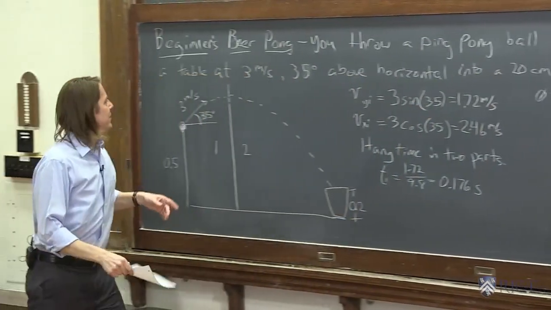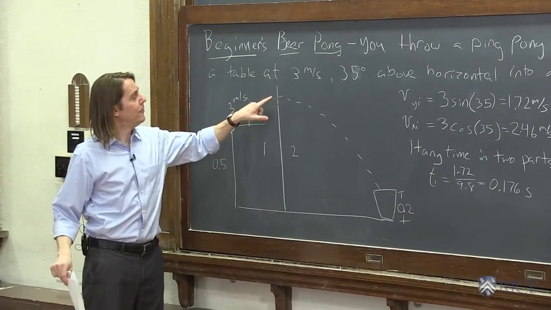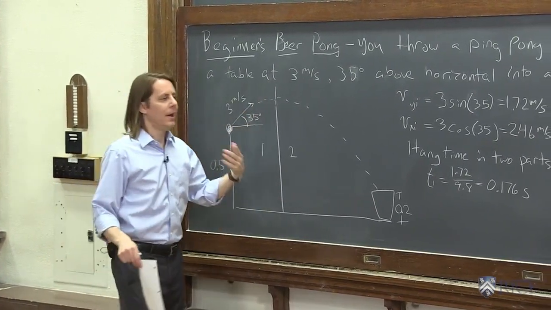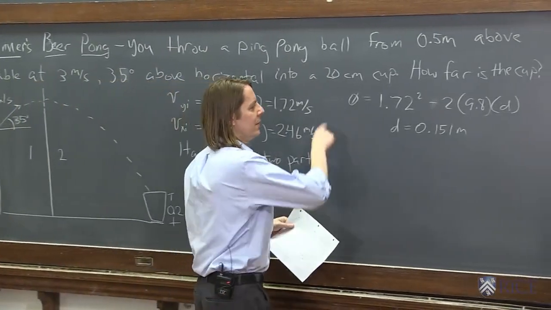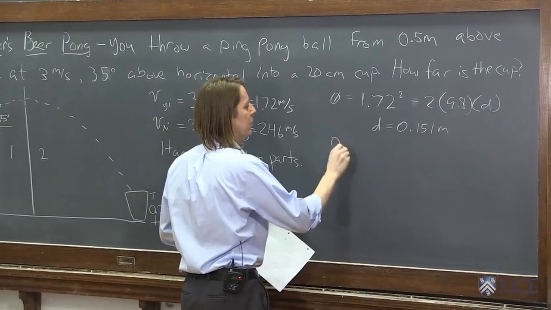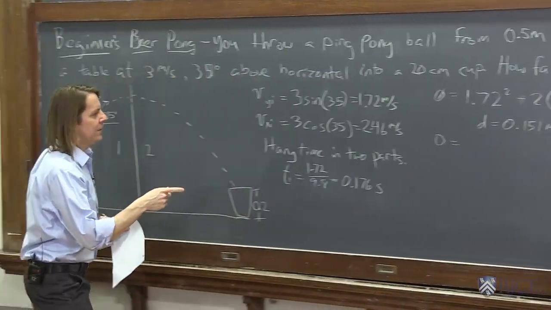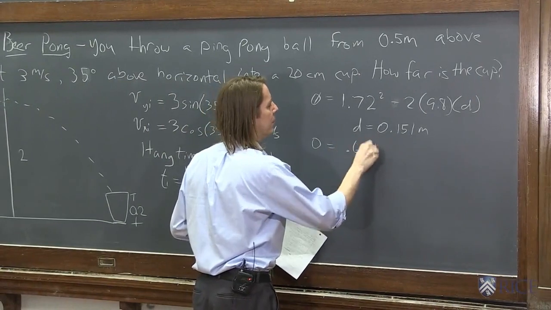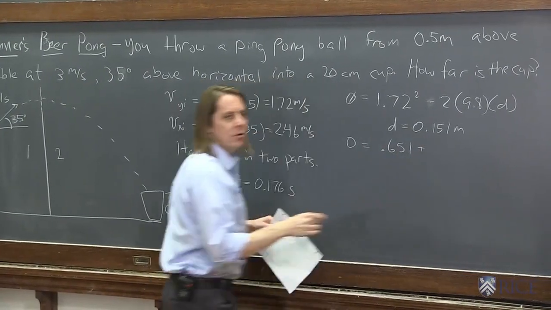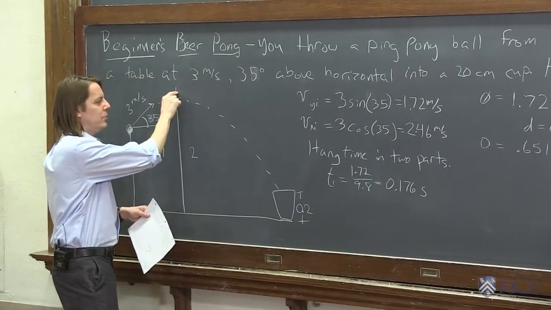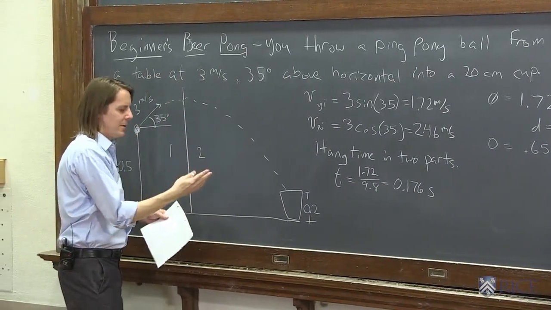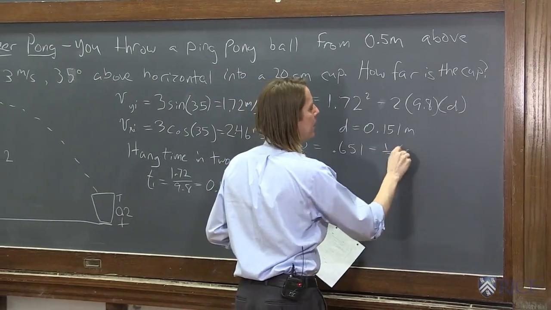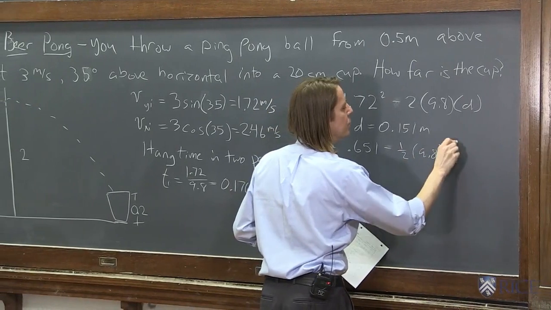Now we know the ball has to fall from a height of 0.5 plus 0.151, straight down. How long does it take? The final position is 0, the initial position is 0.5 plus 0.151, which is 0.651, plus v naught t, which is 0 because there's no initial velocity when you're just falling down, minus 1/2 times 9.8 times t2 squared.